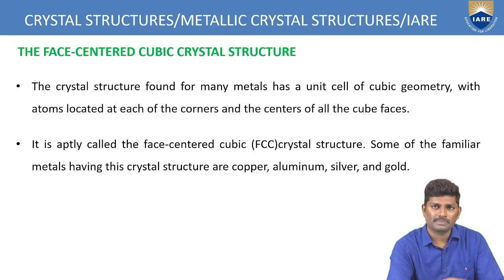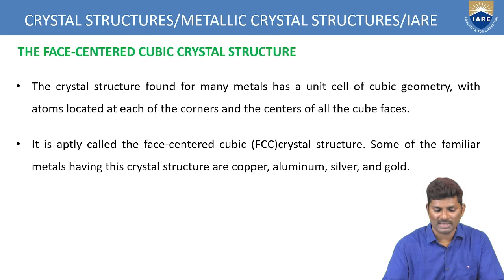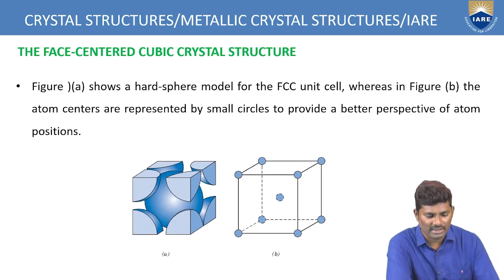So in that cubic nature, if atoms at all the faces are in contact with all the corners, that is called FCC. Copper, gold, aluminum and silver are the best examples of this FCC type of crystal structure. So this is the face-centered cubic structure we can see.